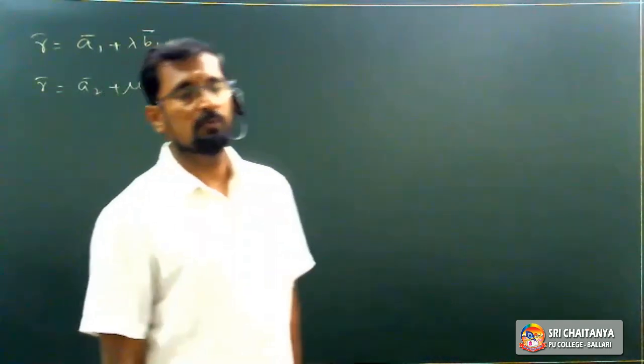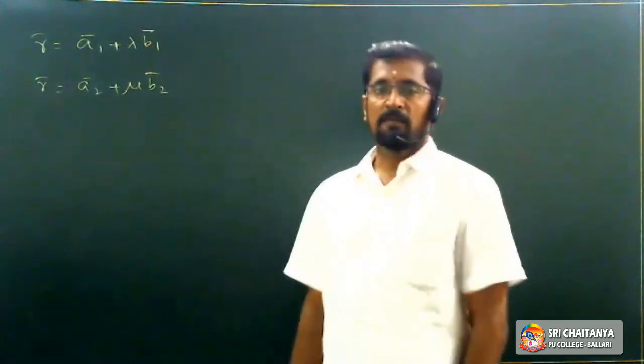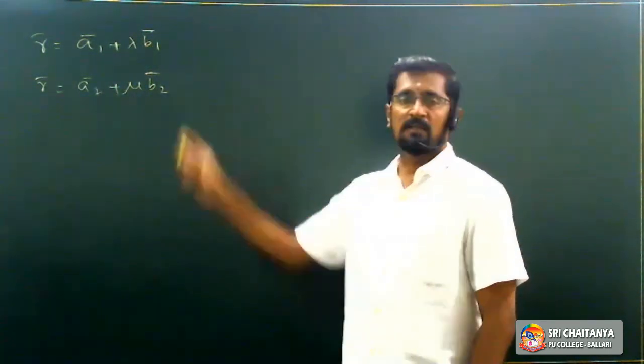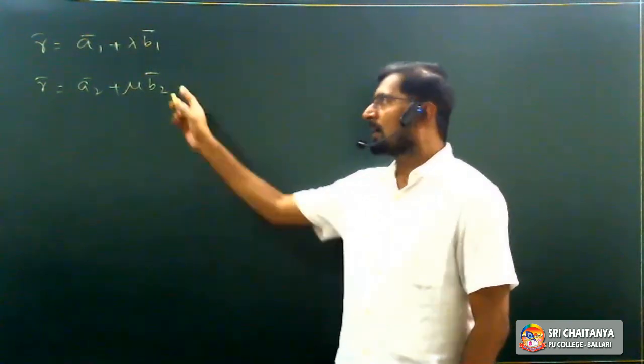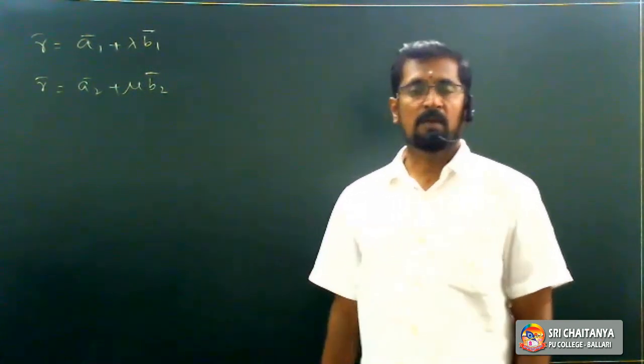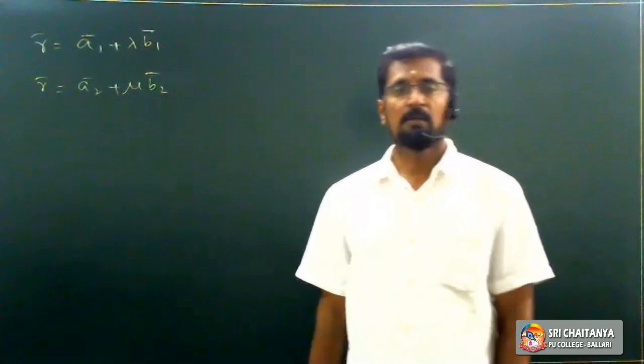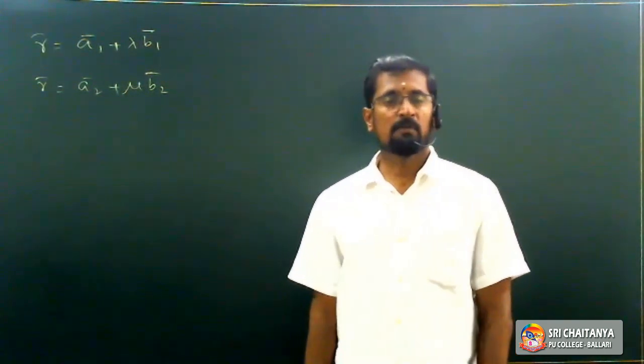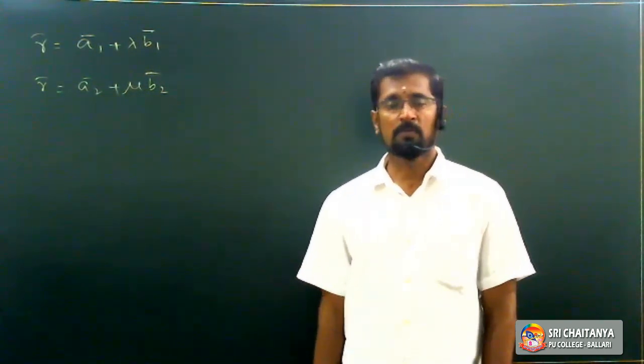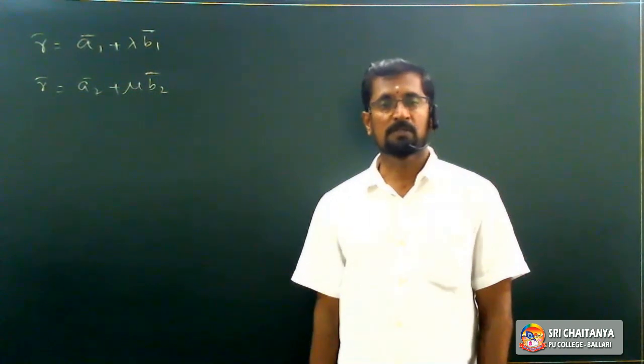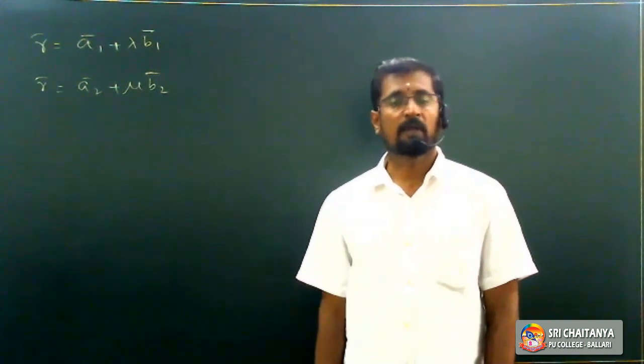So I consider the two lines in the space: r bar is equal to a1 bar plus lambda b1 bar and r bar is equal to a2 bar plus mu b2 bar, which are the vector forms.